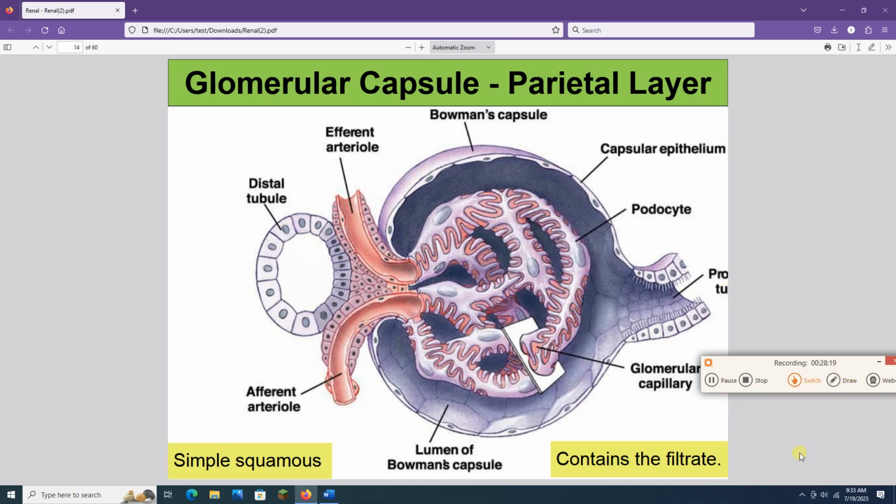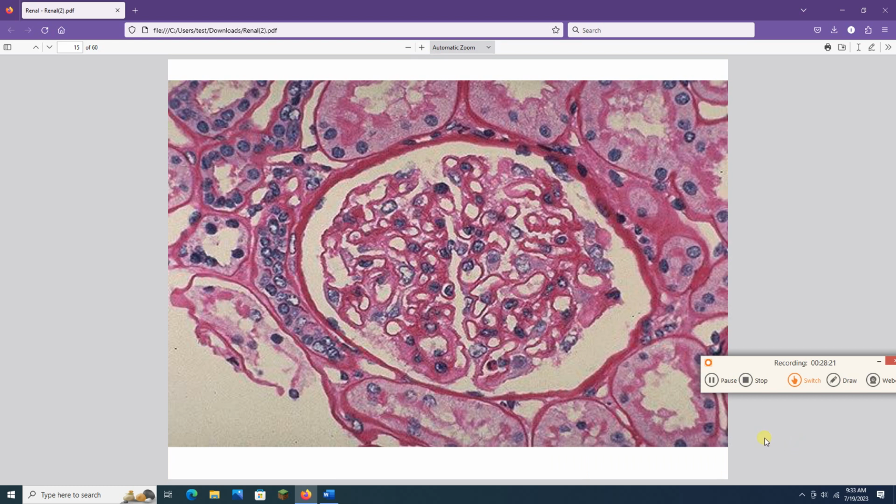All right, excellent. Here we see the actual histological slide. This circle right here, there are two things here, two things in this green area.